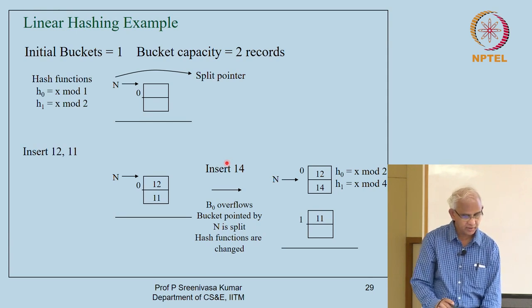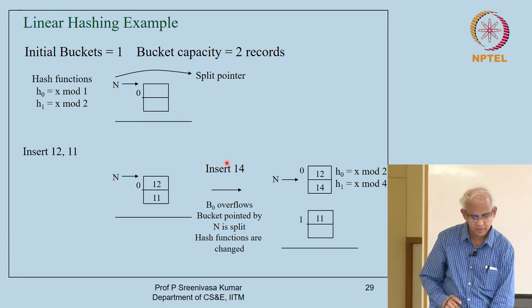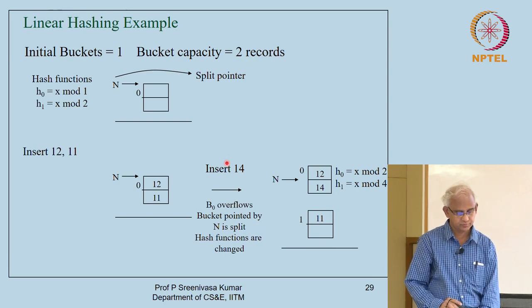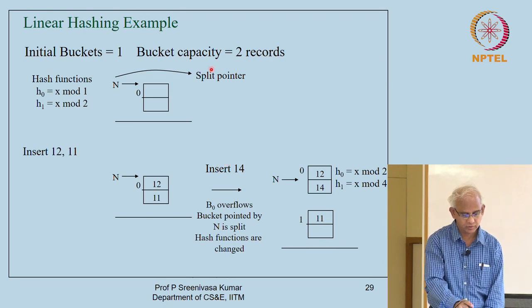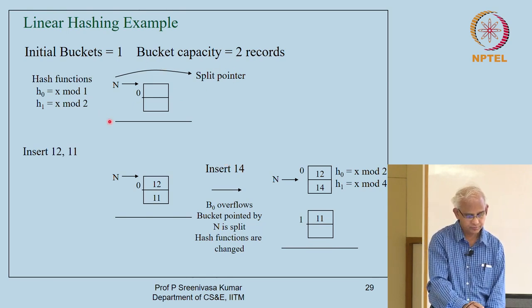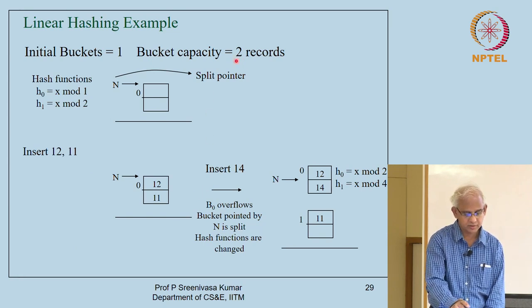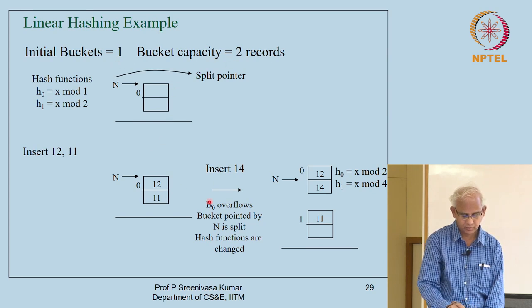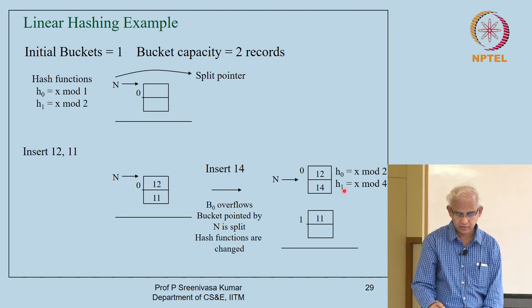Again, I have a detailed example where linear hashing has been applied with some specific bucket numbers, bucket capacity of 2 records per bucket, and I have shown exactly how it works.